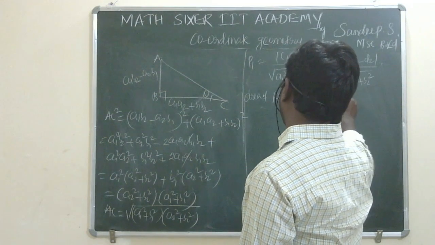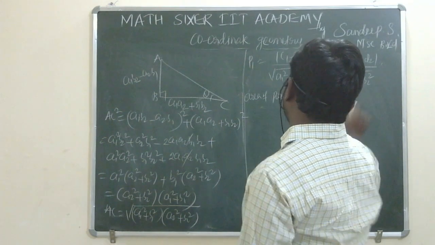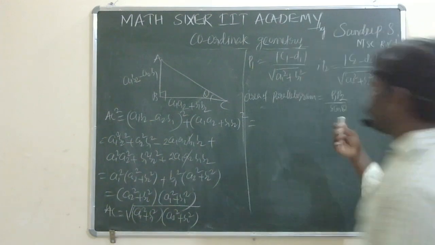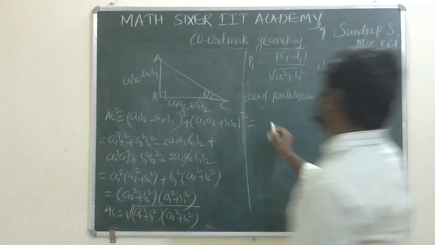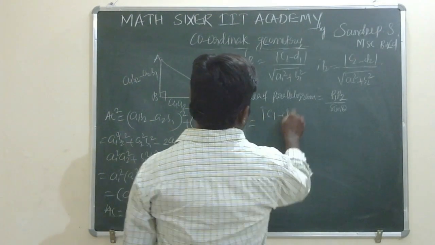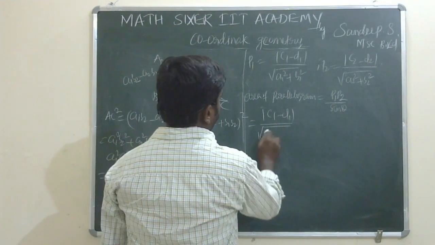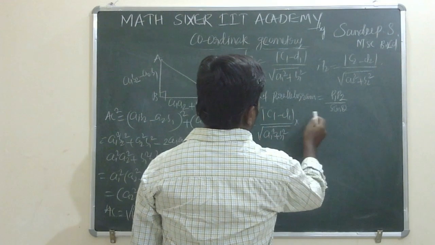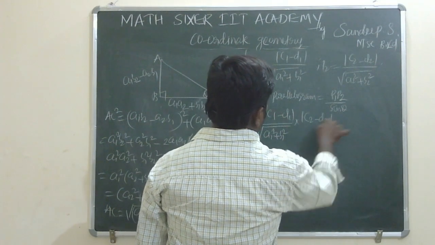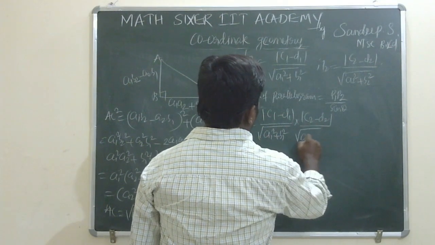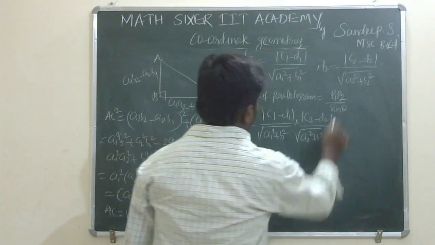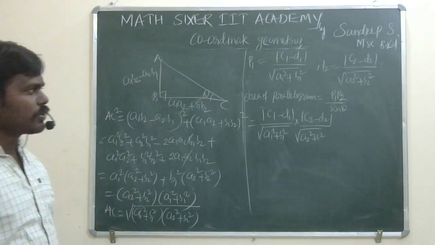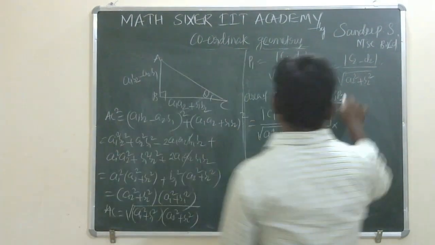P1 P2 by sin theta. So now substitute all the values. P1 means modulus of C1 minus D1 divided by square root of A1 square plus B1 square, into P2 means modulus of C2 minus D2 divided by square root of A2 square plus B2 square, divided by sin theta.